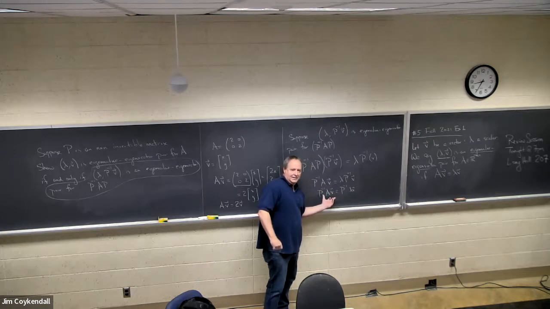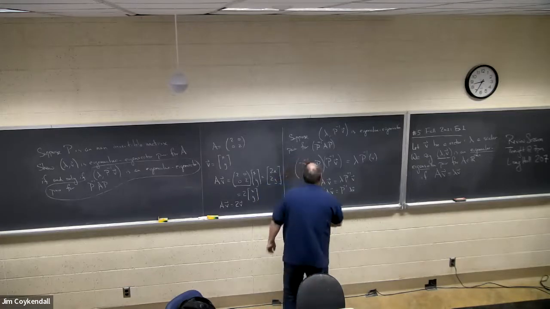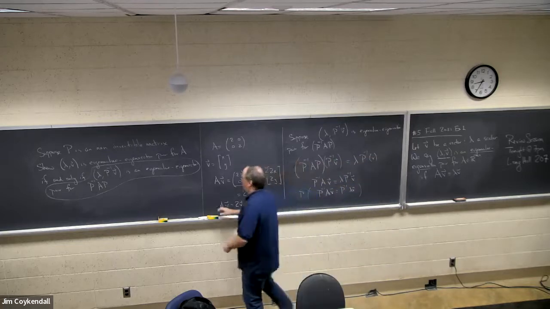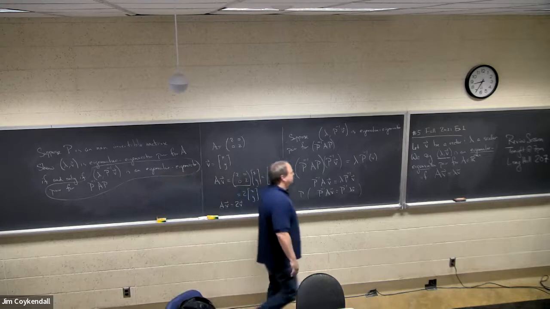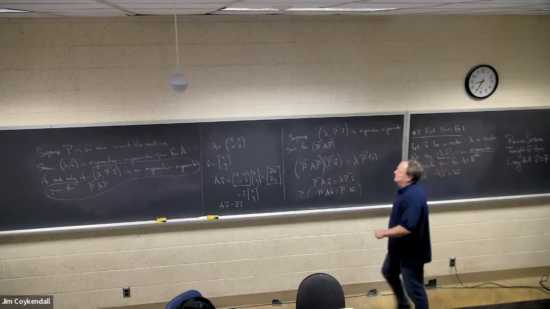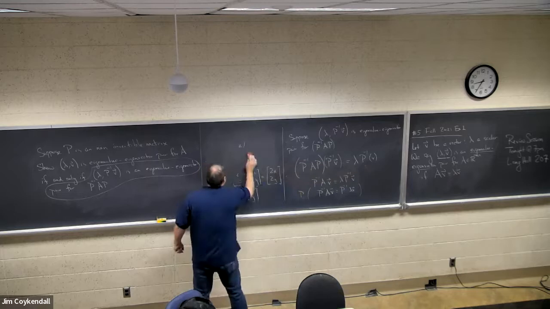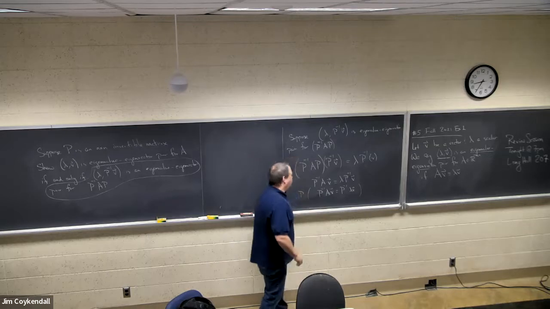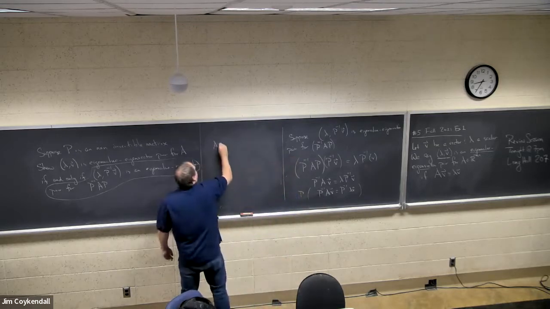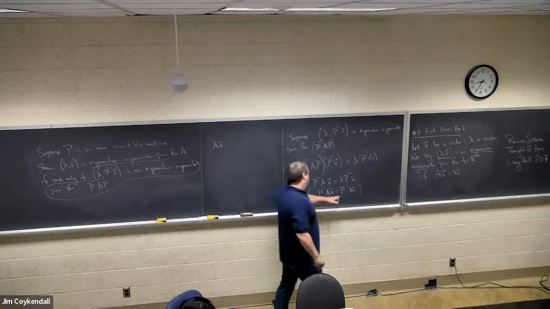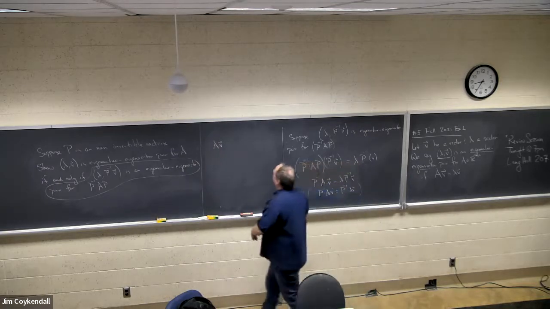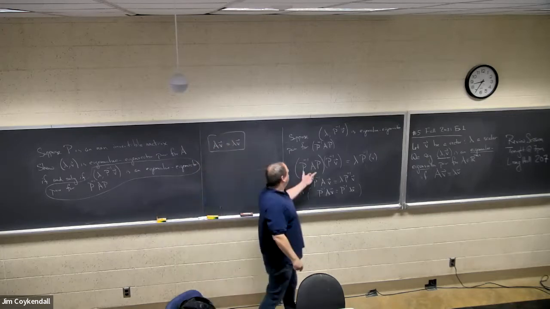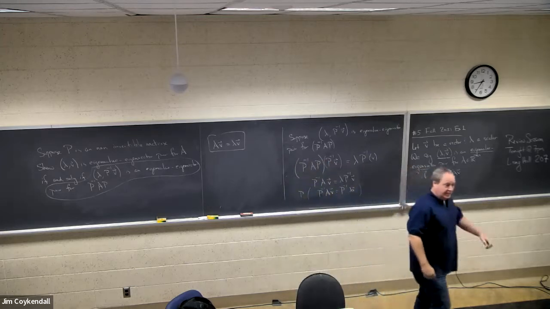Multiply by P. Good. This now gives P times P inverse, which is the identity, times A V, and P times P inverse on the other side is also the identity. And there we go. We started here, got there, we're good to go.